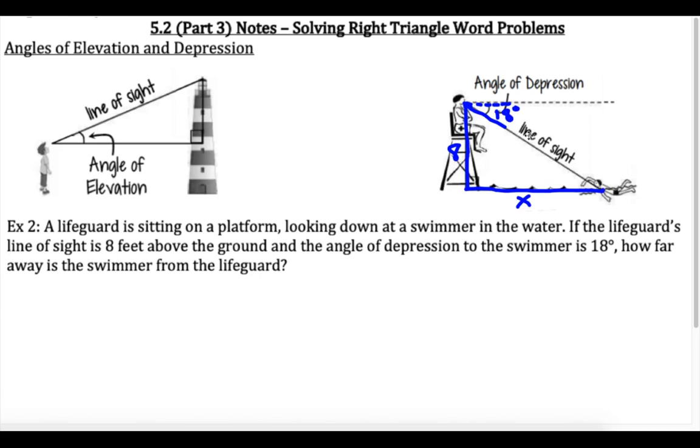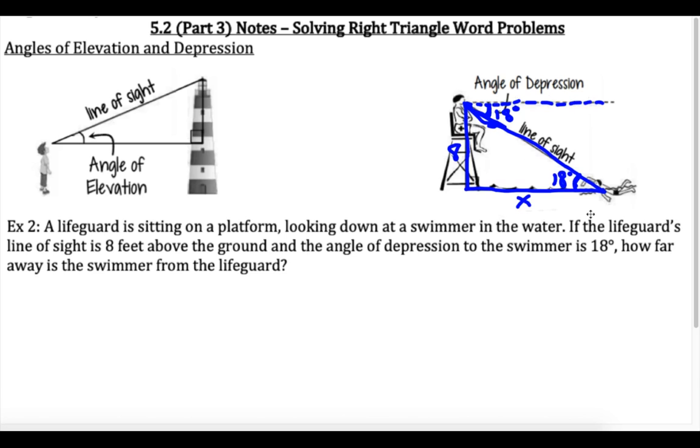Now, the key with angle of depression problems is actually using a geometric idea. This angle here and this angle here are actually going to be exactly the same because they are alternate interior angles. If you remember that fact from geometry, the ground and this line of sight would be parallel lines.